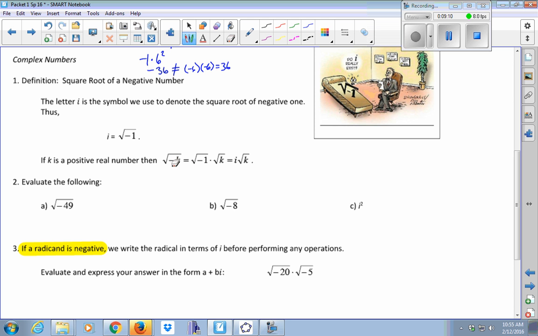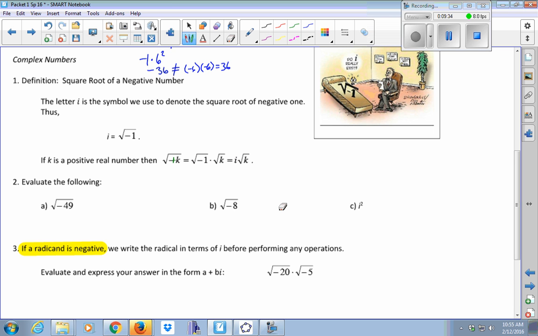You factor this number, and one of the factors is the square root of -1, because there's a -1 multiplying that k. You could put it right in there if you wanted to. There it is. -1 times k is the same as the opposite of k. And then you'd have the square root of -1 times the square root of k. And then we could replace the square root of -1 with that little i.